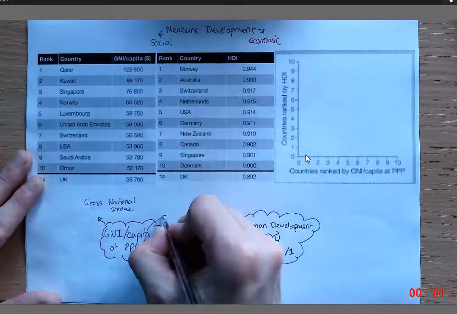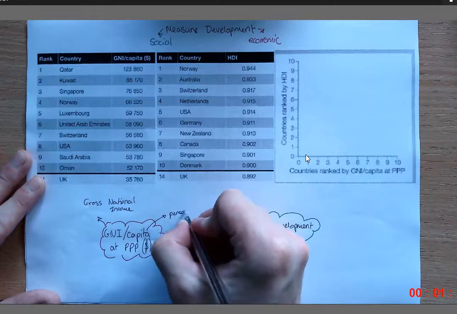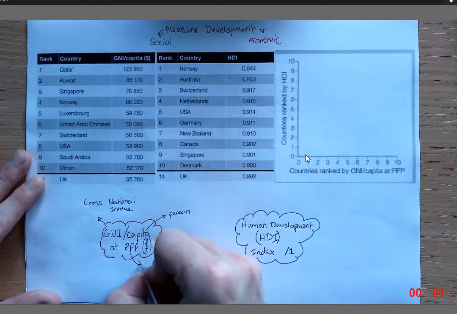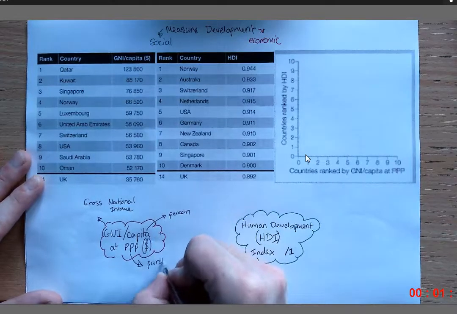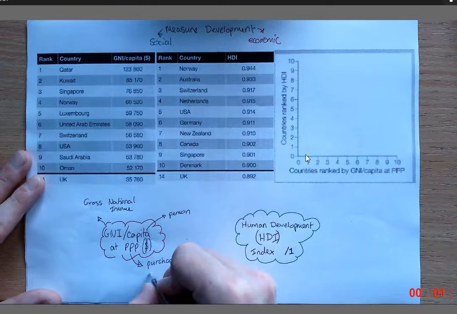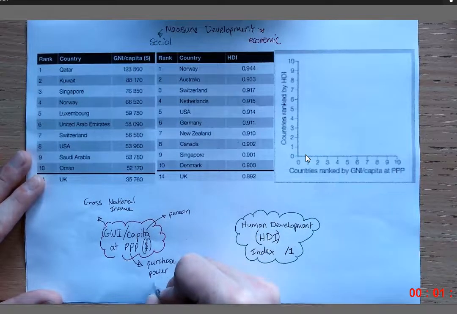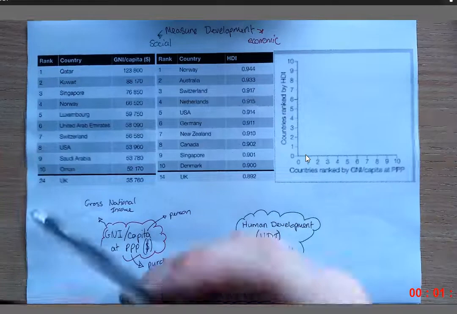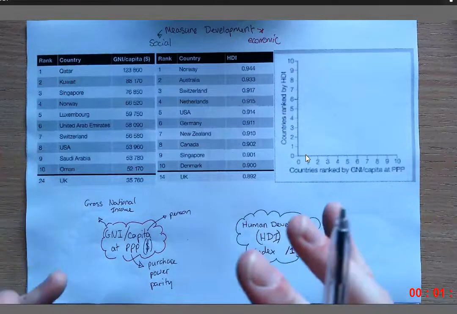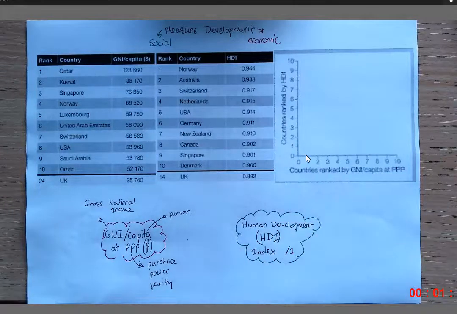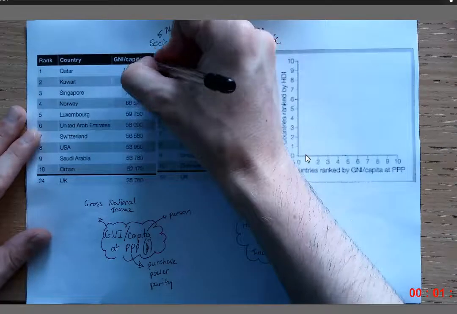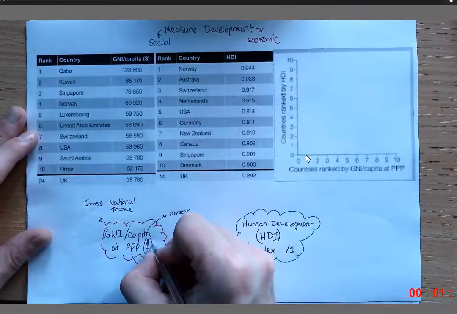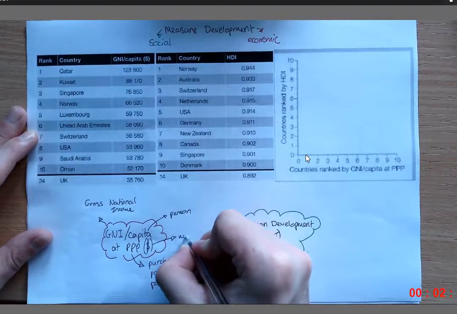Per capita means per person, and purchasing power parity, which is a bit of a mouthful, essentially does a few things. It pairs currencies together so that all countries in the world are ranked against the US dollar, which is our measured currency.